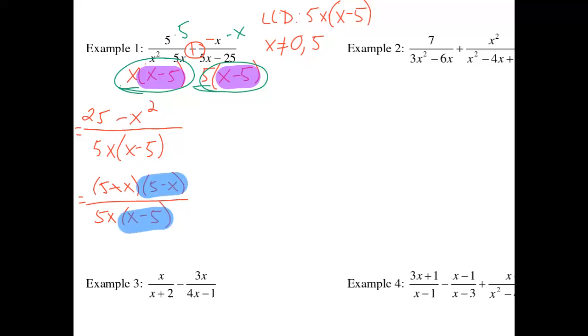They're super close, but not quite what we need. If I take out a negative 1 here, I can change this to negative 5 and positive x. So now those two factors will actually cancel out. So I can cross those two. And my final answer here would be negative 1 times 5 plus x all over 5x.